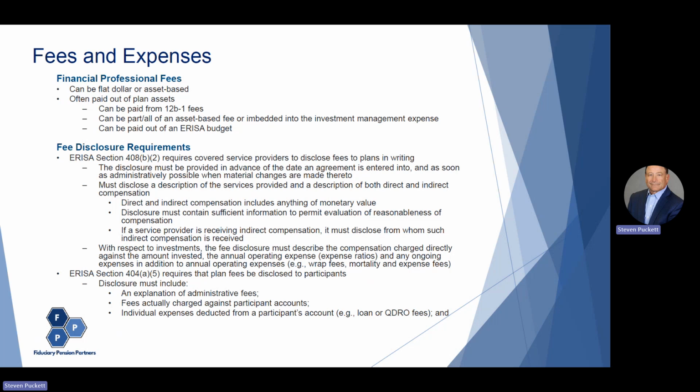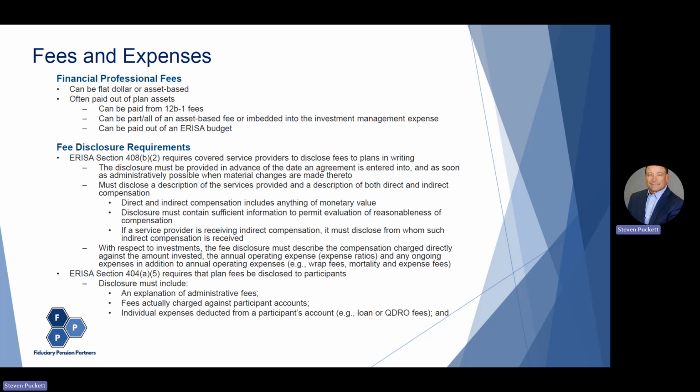Again, there are two fee disclosure requirements. The 408B2, that is the ERISA section 408B2, covers service providers disclosing fees to plans in writing. This disclosure must be provided in advance of the date that the plan is entering into the agreement, and must disclose any type of direct or indirect compensation.